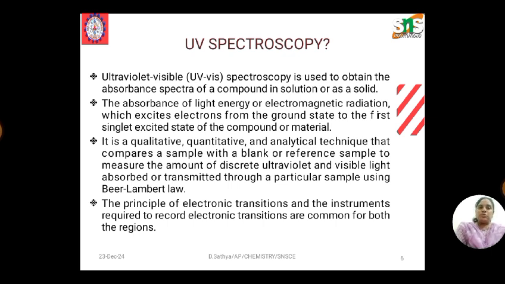It is a qualitative, quantitative and analytical technique that compares the sample with a blank or reference sample to measure the amount of discrete ultraviolet and visible light absorbed or transmitted through the sample using Beer-Lambert's law. The principle of the electronic transition and the instrument required to record it are common for both regions.